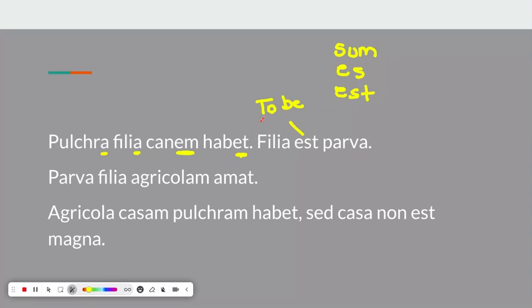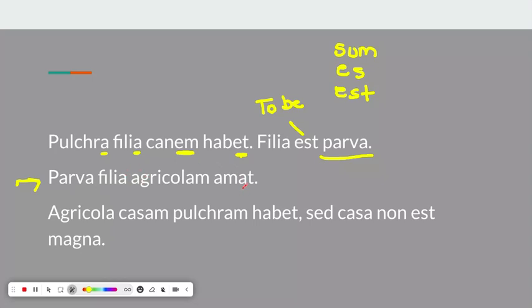So the daughter is small, parva. So you should be able to read the second sentence. What does the second sentence say? Pause if you need to. So we said parva is small, so this is the small daughter.